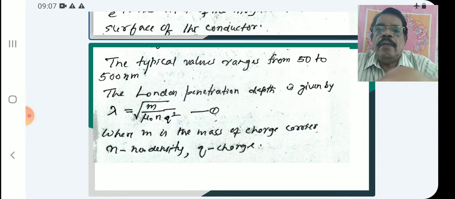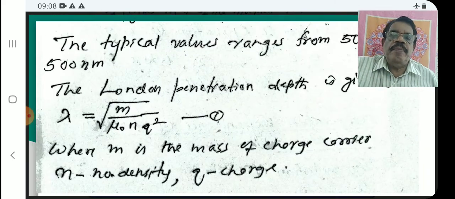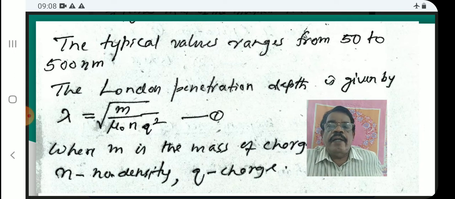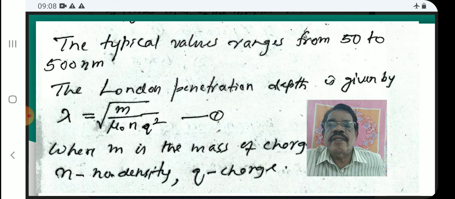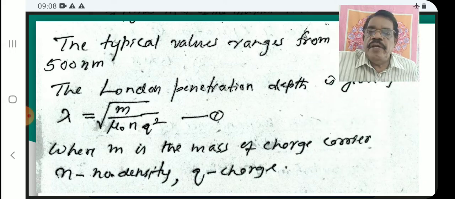The typical values of London penetration depth range from 50 to 500 nanometer.